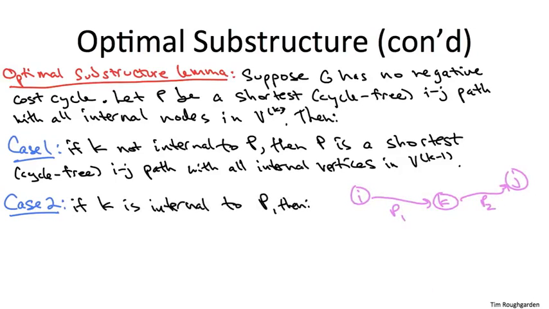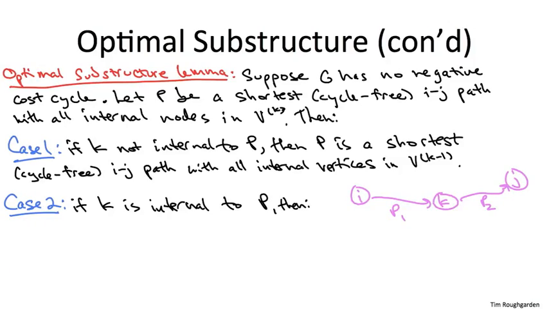Now, here's what's cool. On this path P, the internal nodes between i and j all lie in 1 through k. Moreover, this path P, remember, is cycle-free, so the vertex k appears exactly once, not more than once. So therefore, if we split the path P into these two parts, P1 and P2, internal to P1, strictly in between i and k, there are only vertices between 1 and k minus 1.